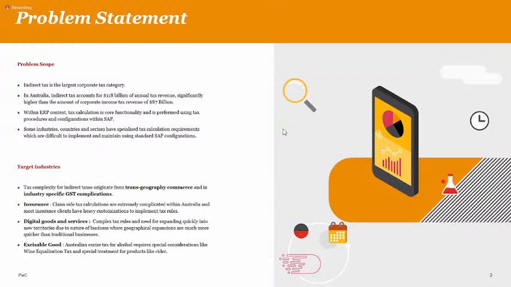So in interest of time, we won't go deep into specific problems of individual industries, but the industries that we would like to target for this tax API solution are insurance, because of the GST complications that arise in the claims management process, digital goods and services because of the international tax liabilities, and how quickly digital goods and services companies need to roll out in different geographies.